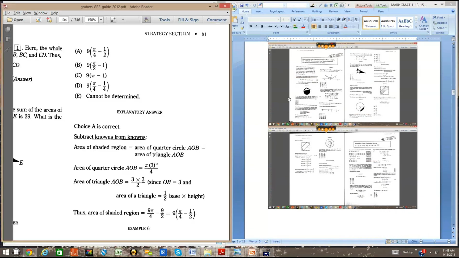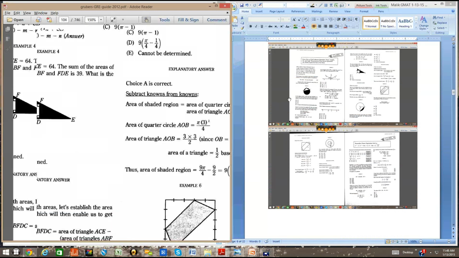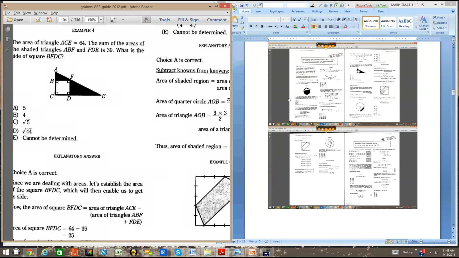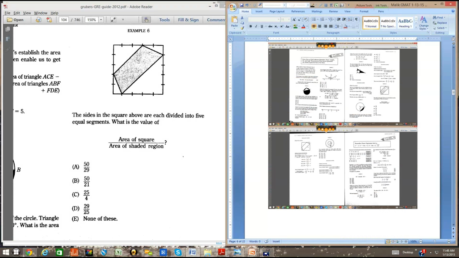Okay, so let's move on. A little bit of basic algebra. Look at this one, Example 6. How would you do something like that? Weird shape. Looks like a trapezoid, but you don't know for sure. This is a trapezoid, by the way. How would you know the area of this trapezoid? You don't know the height.